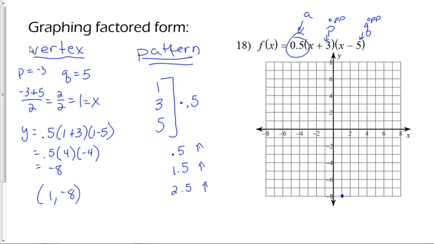And these are all up. So up 1/2 and over 1. Up 1.5 and over 1. And then up 2.5 and over 1 from there. Remember, it's symmetrical. There's our parabola. Label the vertex, and we're good. All right.